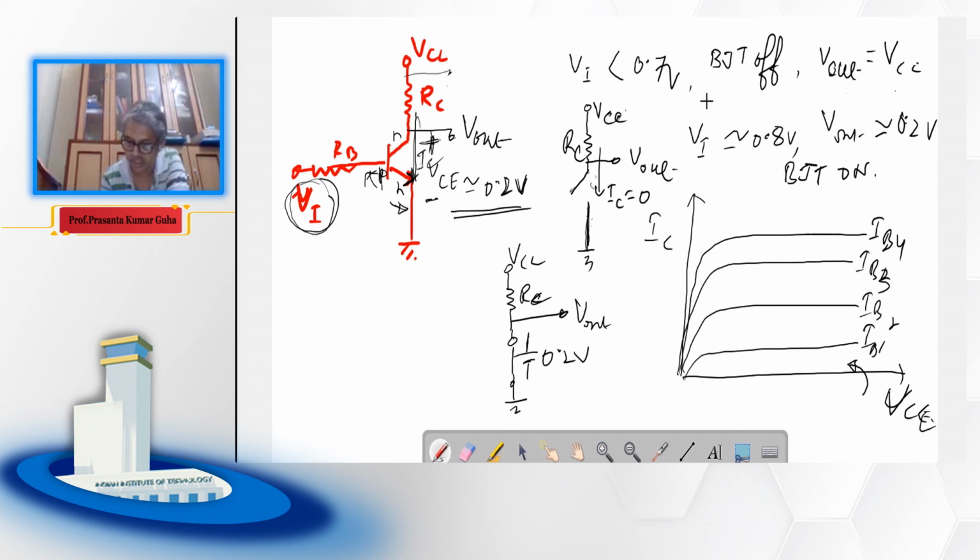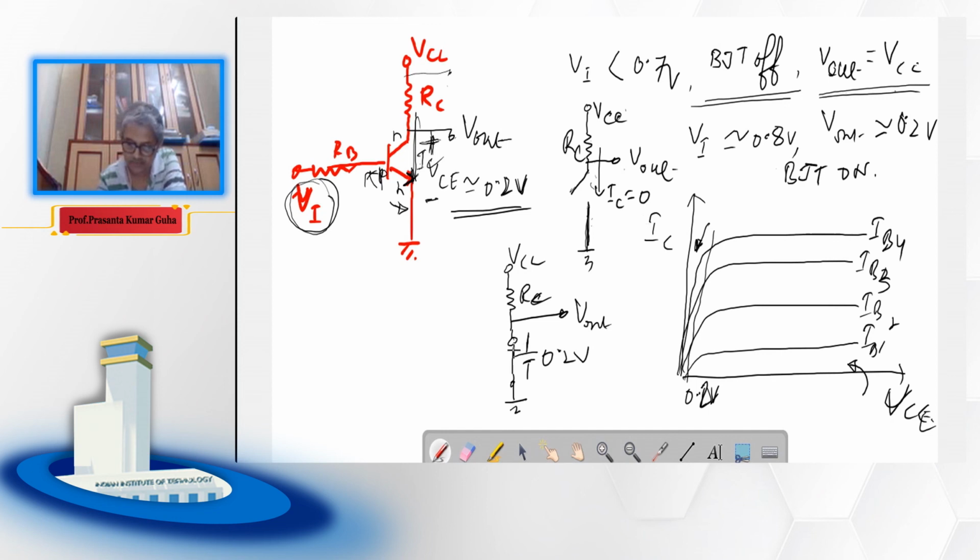So the BJT is off and V out equals VCC. The entire voltage, if we measure at V out, will be equal to VCC. Whereas when the transistor is heavily on, somewhere here, that is like VCE of 0.2 volt, the entire voltage will be across RC, and if I measure V out, we will get close to 0.2 volt.